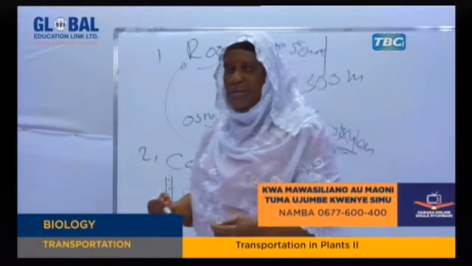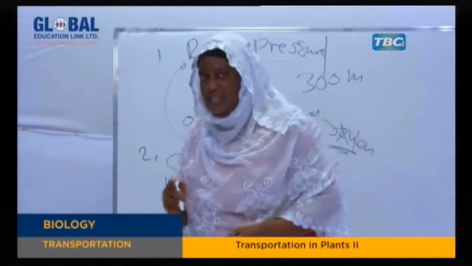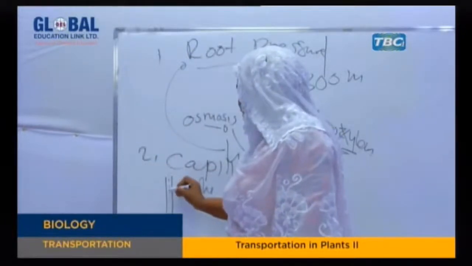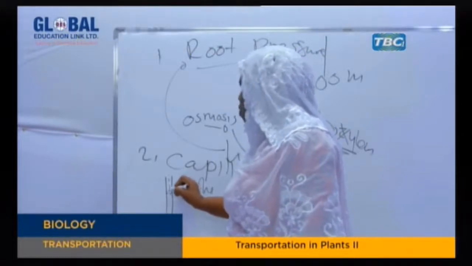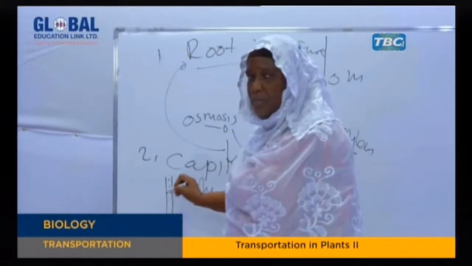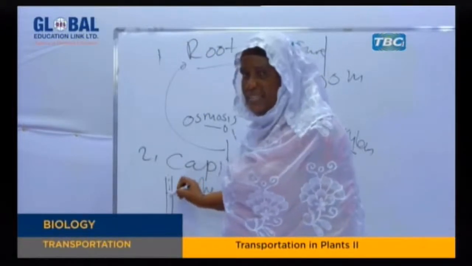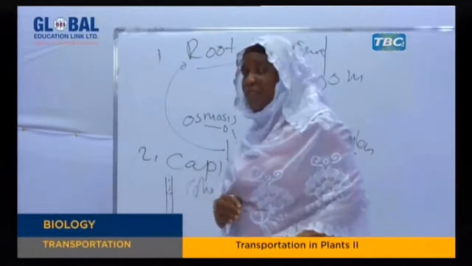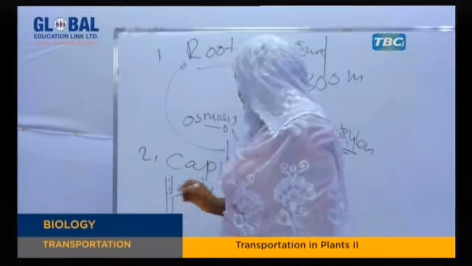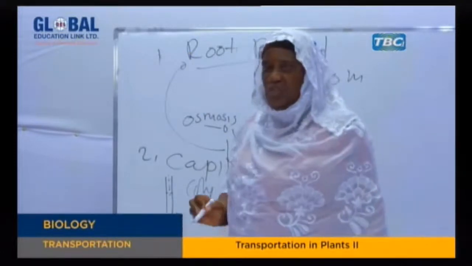It is the force between like molecules. Apart from that, water molecules also collide with the wall of the vessel. Therefore, another force is created. That force, created between the wall of the vessel and the water, is known as adhesion force.